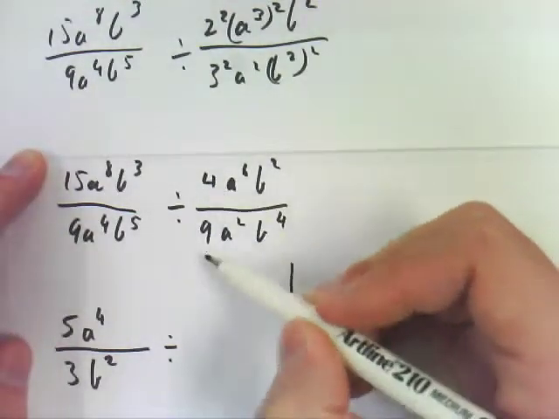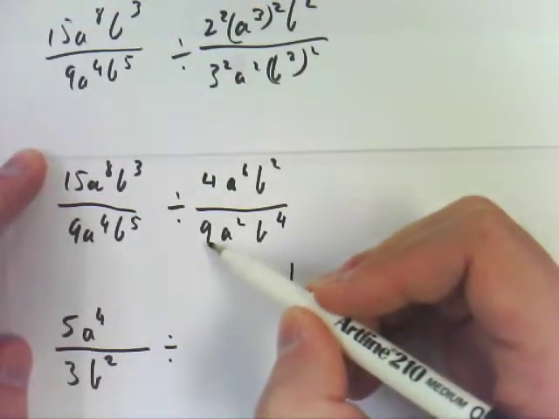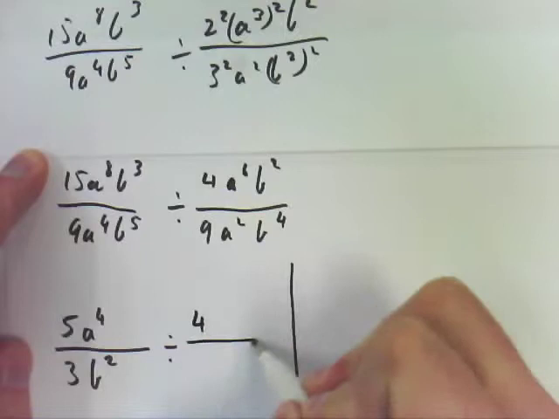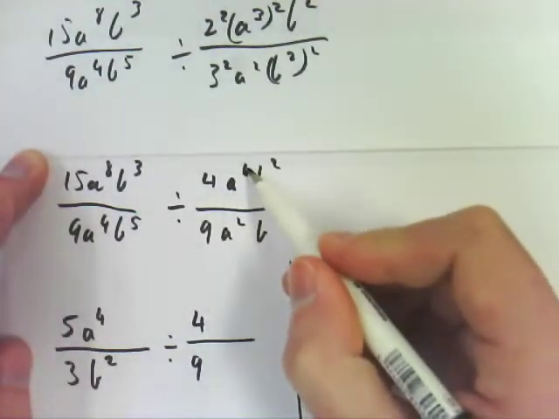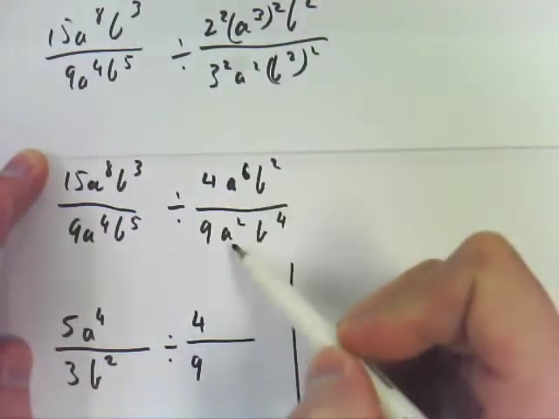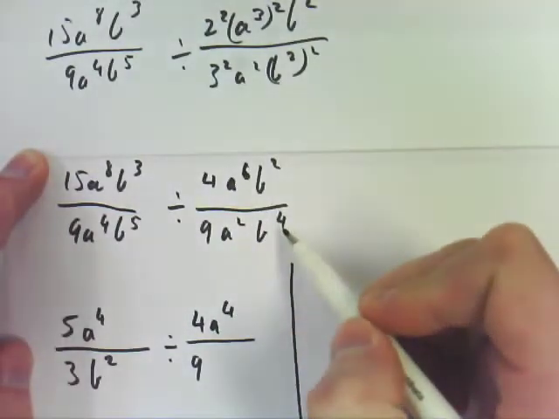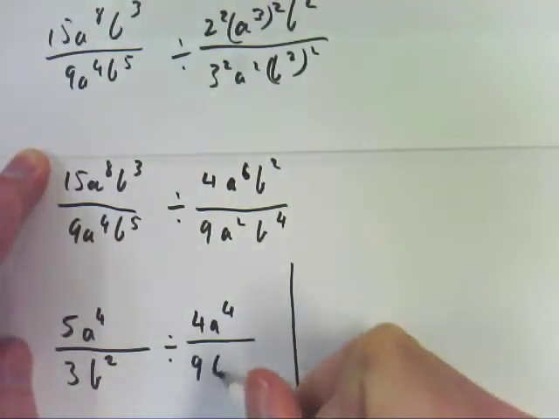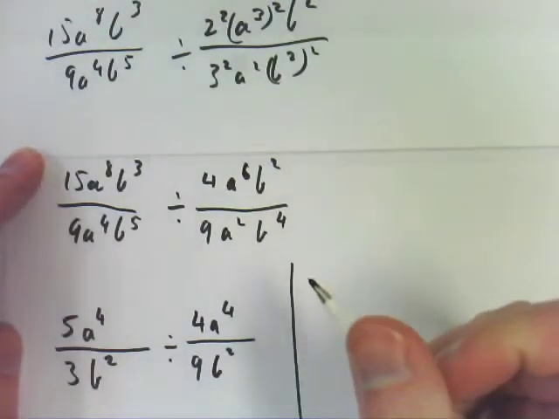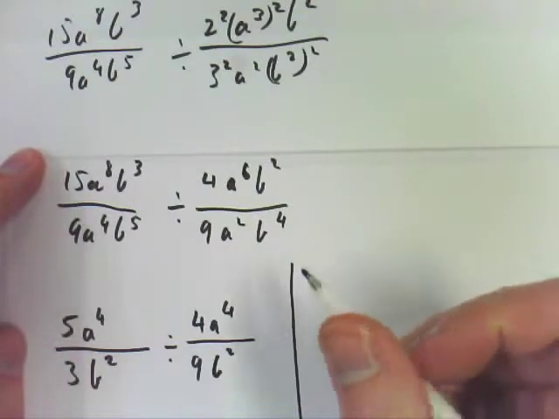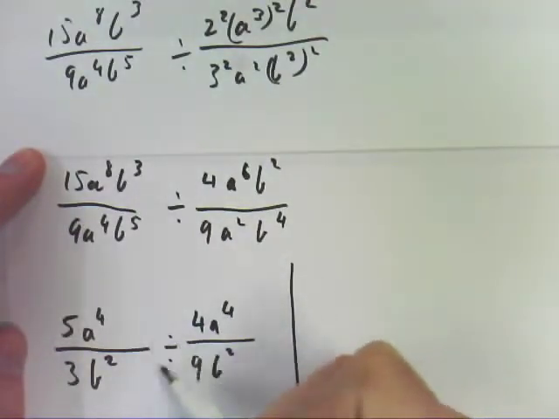Okay, 4 divided by 9, you can't simplify, so it's going to stay. A to the 6, I think that was, divided by a to the 2 is a to the 4. B squared divided by b to the 4: b to the 2 on the bottom again, or b to the negative 2 on the top. Okay, so now we've got a fraction here and a divide.